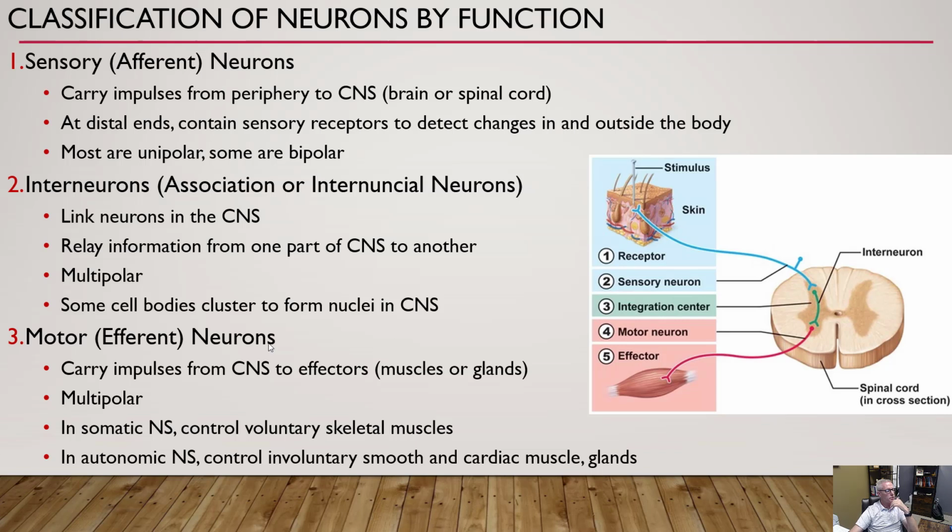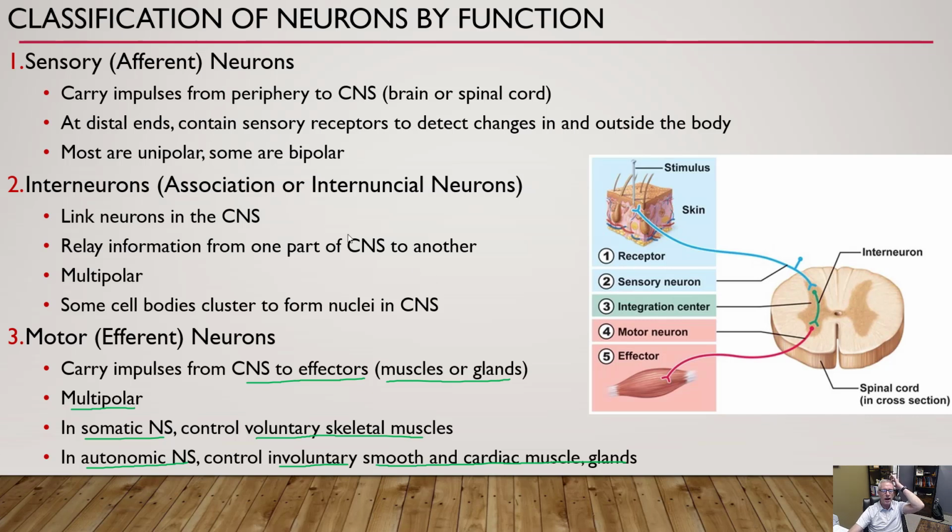Motor neurons or efferent neurons carry impulses from the central nervous system to those effectors, such as muscles or glands. Most of those are multipolar. And remember the difference between the somatic nervous system, which goes to the skeletal muscles, our voluntary portion, and the autonomic nervous system, our automatic portion. Involuntary, so smooth muscle, cardiac muscle, and our glands.